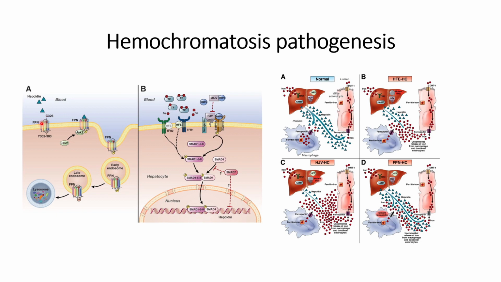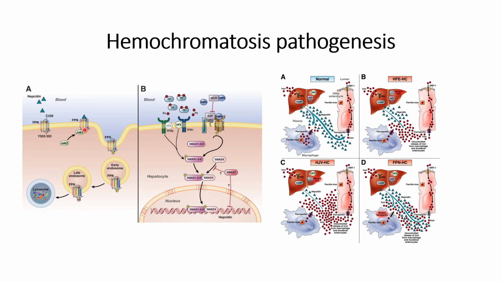One of the proteins that helps in maintaining this iron content is hepcidin. What hepcidin does is it binds to the FPN, or we can say ferroprotein, and this is the receptor, or the channel, by which iron comes from within the cells into the extracellular matrix.